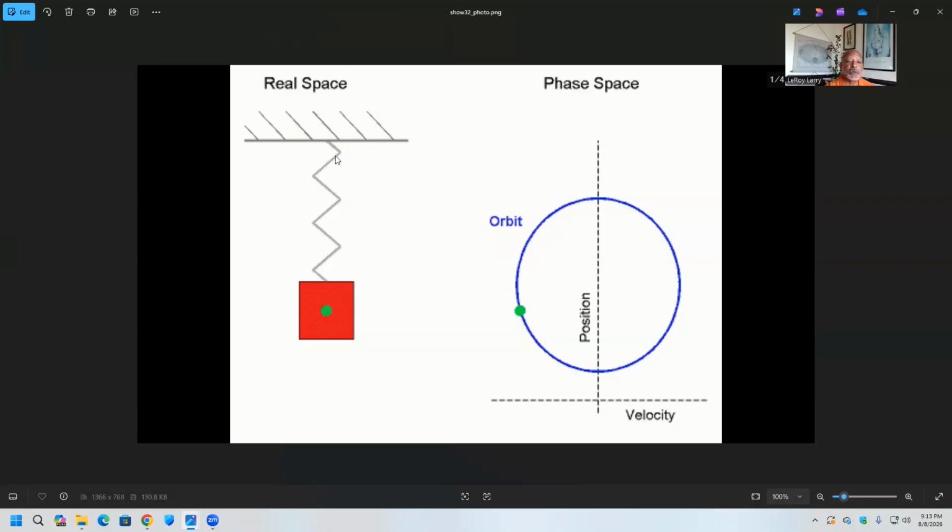You can see a physical spring attached to this block. You can't see the magnetic force of the quadrupole magnet attached to the proton, but it's there. Just like this spring is attached to this block, that magnetic force is attached to that proton.